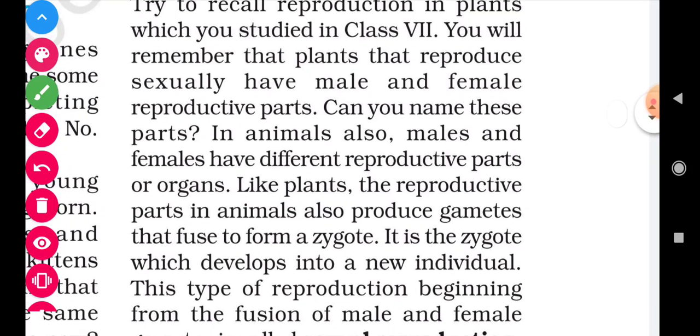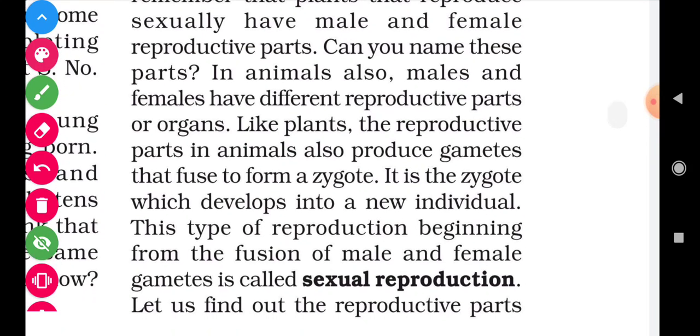The reproductive parts in animals also produce gametes that fuse to form a zygote. It is the zygote which develops into a new individual. Means the zygote is the first form of the species from which a new individual will develop.